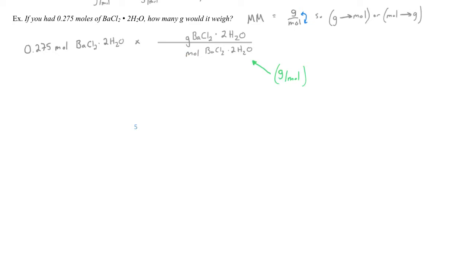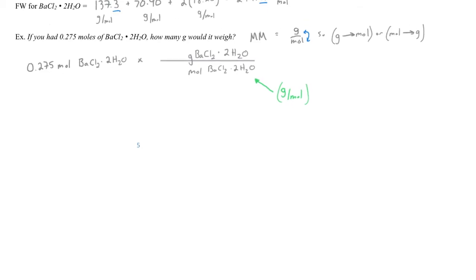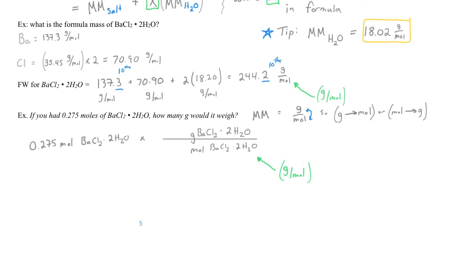If you look at the units in this conversion factor, it's grams over moles, or grams per mole. And as you learned in the previous lesson, when we have grams per mole, that's the same as molar mass. So as far as values go, we would have to put in here the mass that exactly 1 mole of barium chloride dihydrate would have. And remember, we calculated this in the previous step.